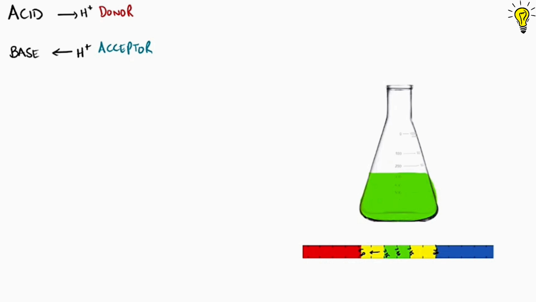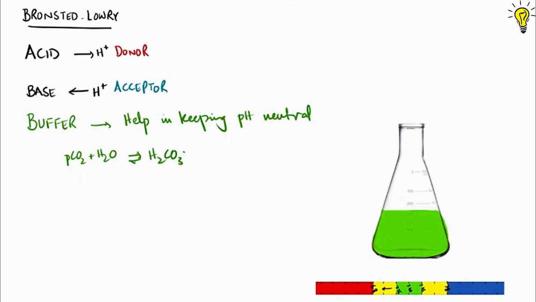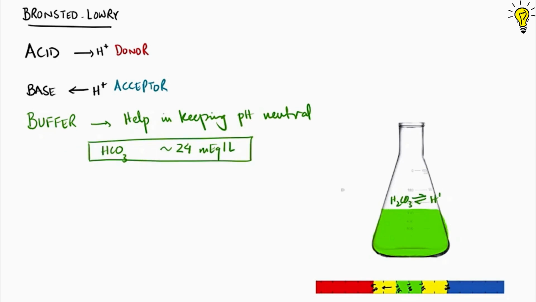Next in definition comes the buffer system, which keeps the pH within neutral range on addition of acid or base to the solution. For example, the bicarb buffer system or the carbonic acid. We said carbonic acid is weak acid that is partially dissociated in water. So now when you add hydrochloric acid, as soon as hydrogen from HCl enters fluid containing bicarb buffer system, the menacing hydrogen ion is immediately taken up by bicarb and converted in a series of reactions to carbonic acid and carbon dioxide.